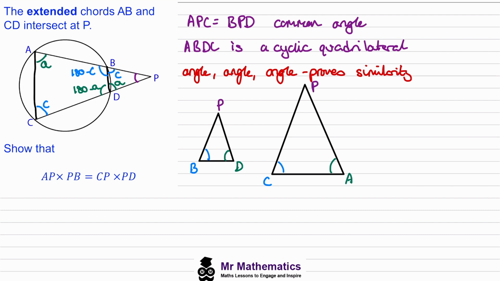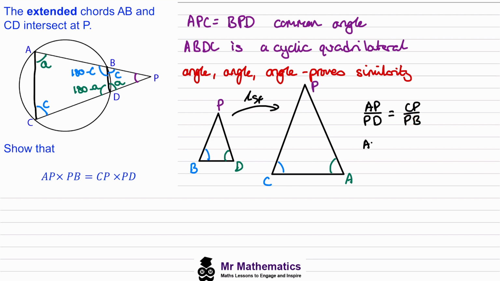So again, we can find the length scale factor as the big length divided by its corresponding little length. So A to P divided by P to D will be exactly the same if we use these two lengths, P to C and P to B. So C to P divided by P to B. And then we can move this term to the right hand side and this term to the left hand side.